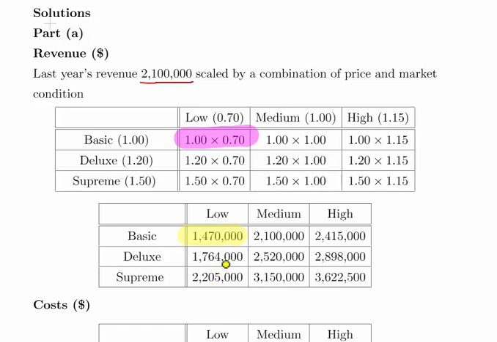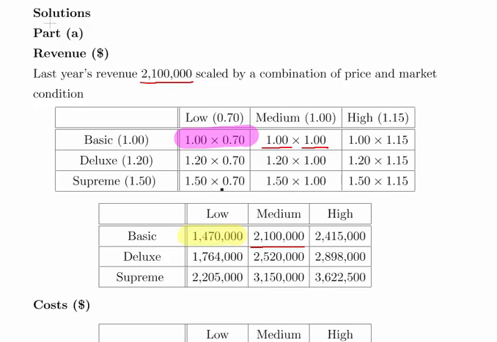Whereas if we go for the basic and the medium, the market conditions remain medium, which is the same price and the same market conditions. So the same 100% of the market, multiplied by 1.000. Okay, so 2.1 million stays as 2.1 million, and so on.